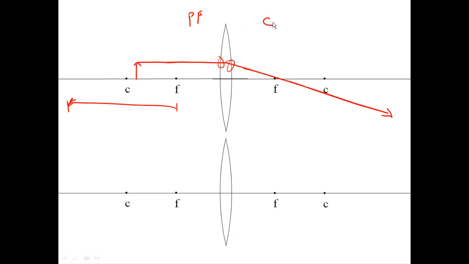The second ray was C. And C in this case means go through the center. So we're going to go through right here, the very, very center of this lens. And of course, here we go. And where those cross is where our image is. Notice it's inverted.